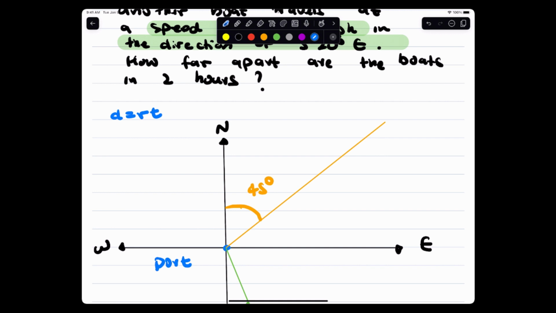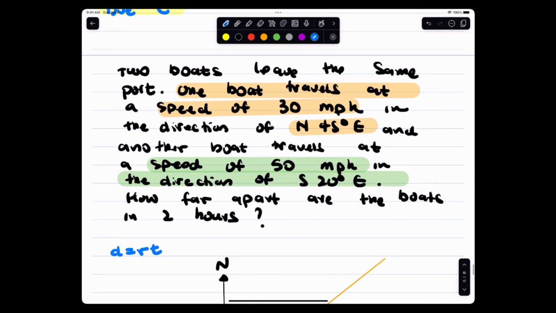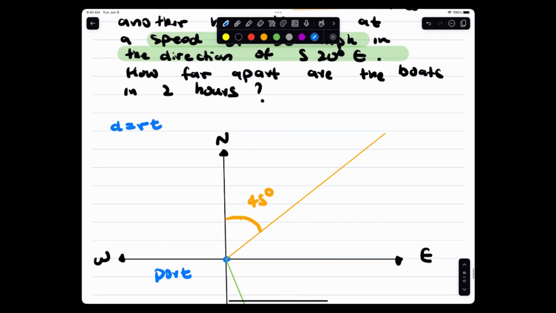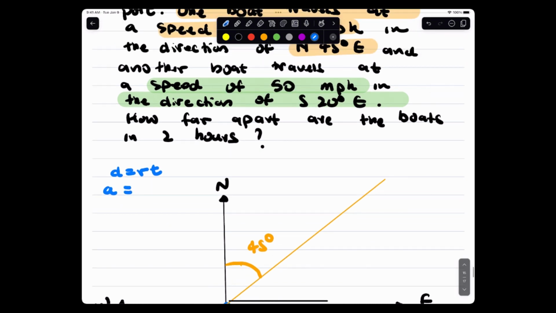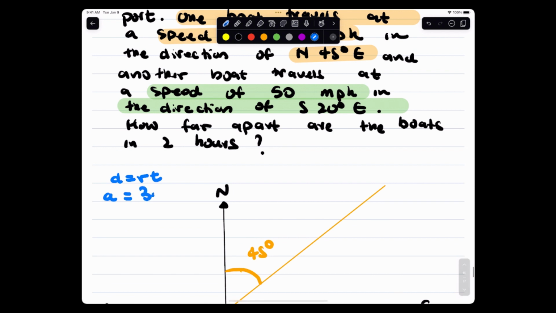But the problem is they didn't tell me like boat A and boat B. They were vague. One boat, another boat. So I'm going to let the orange, the first one, be A. What's the rate here? 30. What's the time? Do you guys know what the time is? 2 hours later.